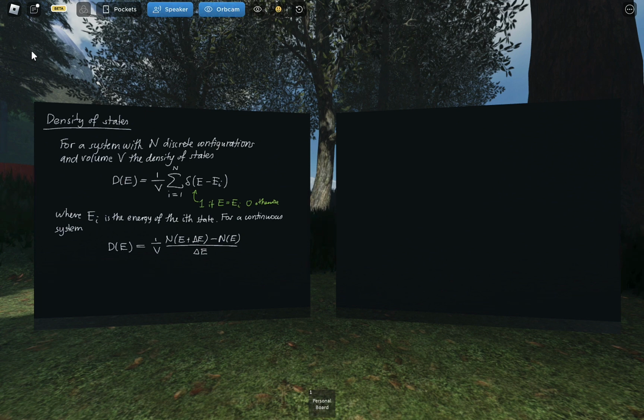Okay, so for a continuous system, the density of states at E is, per unit volume, the number of states accessible that you gain by increasing the energy by delta E. So N(E) is the number of states. The density of states is not the number of states, and it's not the number of states per unit volume either. It's the number of new states that open up.